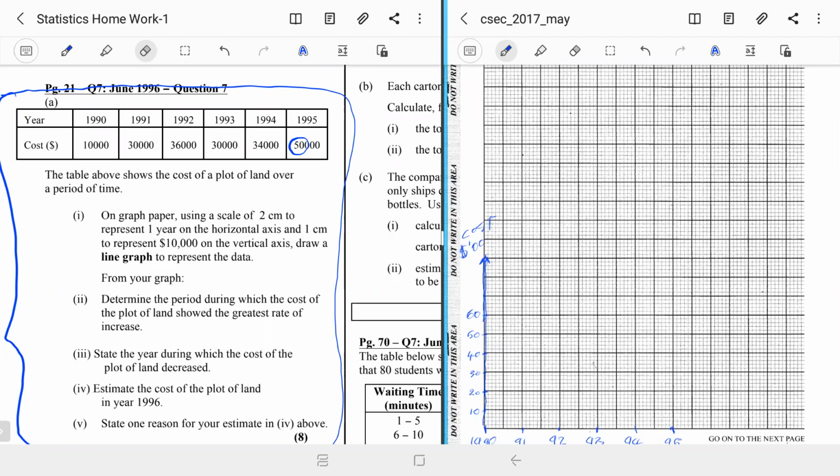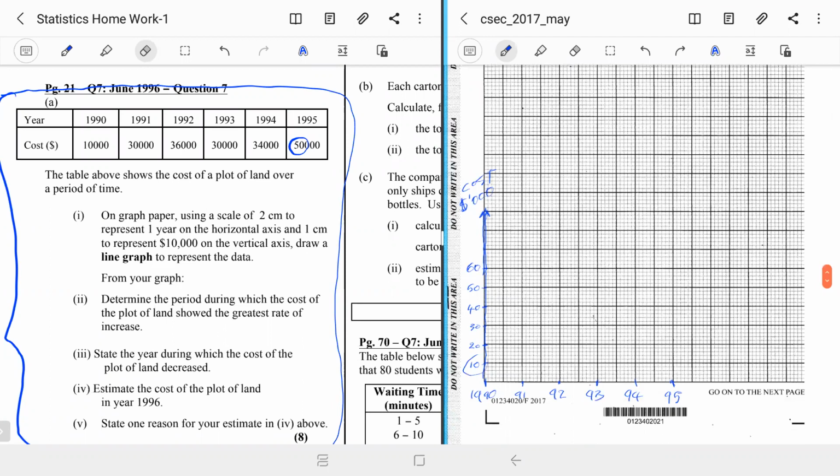That means I'm doing thousands of dollars, so this is 60,000 and this is 10,000. I don't have to write the thousands each time; I put the 1,000 up here. So the values are in thousands. And this is my time axis down here, in years, showing the year.